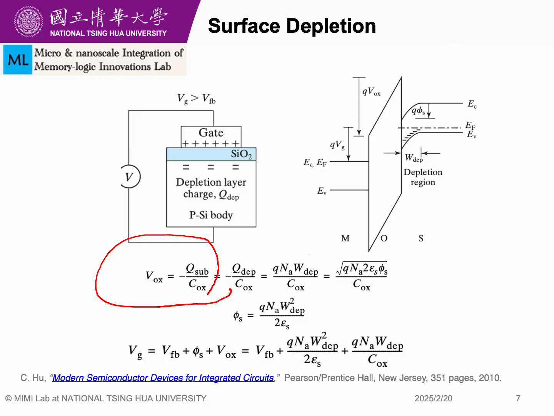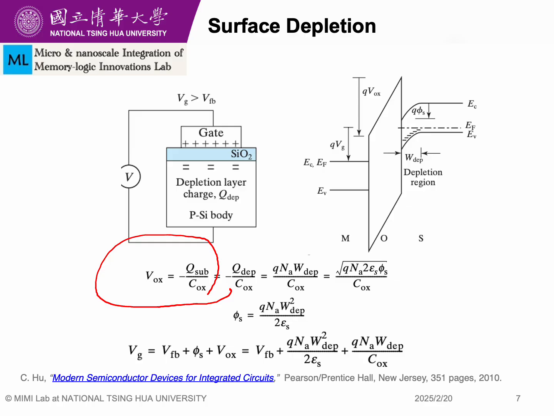The depletion charge here is a negative charge, after accepting the extra electrons, they're negatively charged. You can find the depletion region equation in this book in maybe chapter 2 or 3, I forgot, but you can have a look into it. If we use that equation here, we get this voltage drop equation.